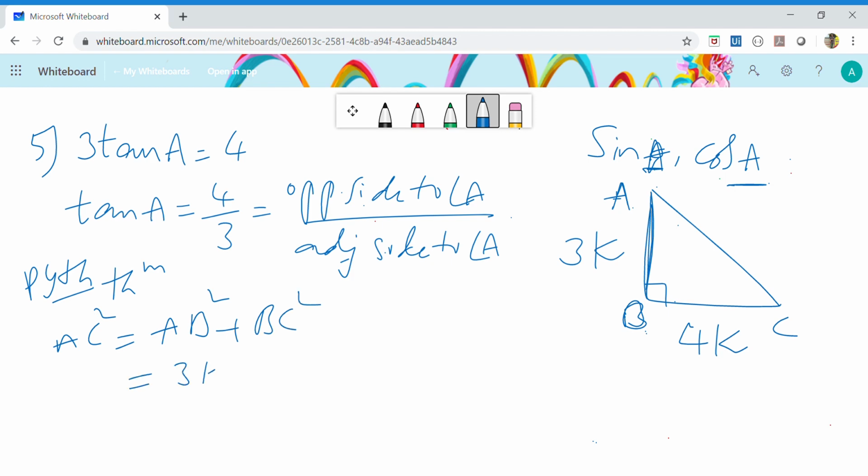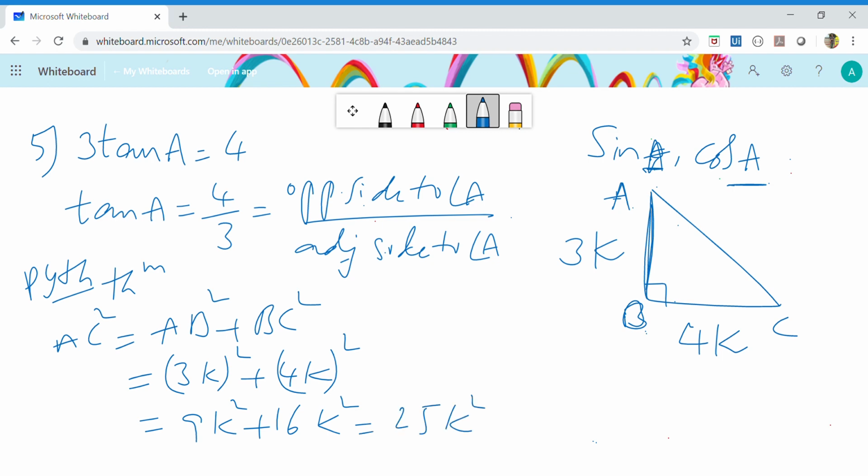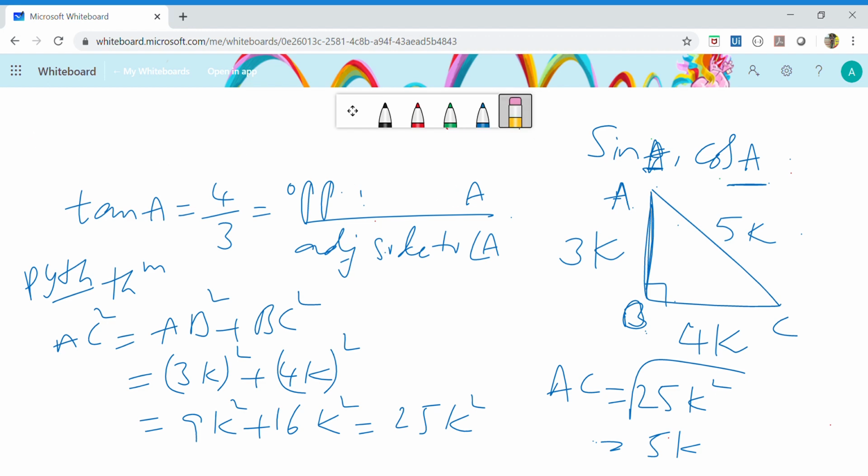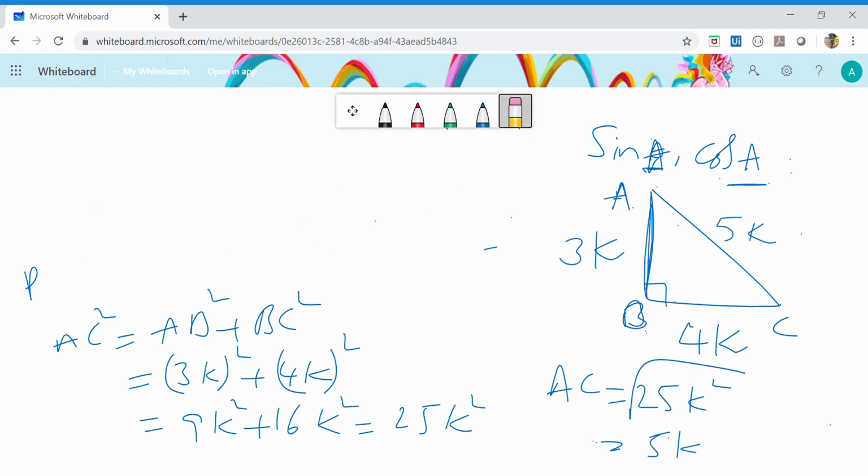So 3K whole square plus 4K whole square becomes 9K square plus 16K square, which is 25K square, and AC is equal to the square root of 25K square, which is 5K. So the hypotenuse becomes 5K.